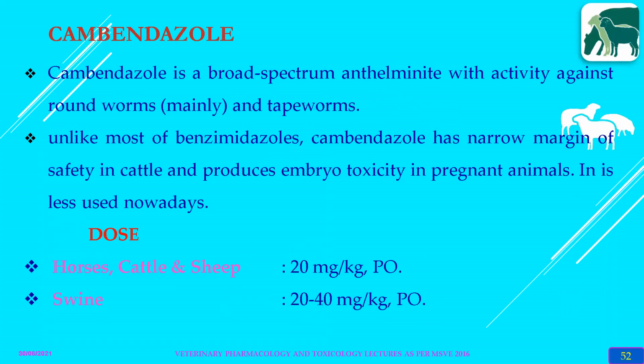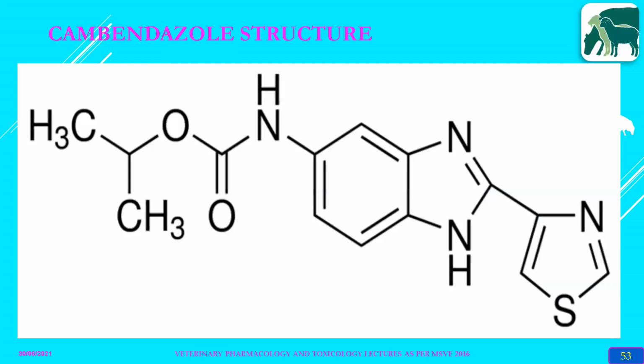So it is very rarely used nowadays, and the dose is in the range of 20 milligram to 40 milligram in the case of swine. The structure has the methyl group, especially here on the left side.